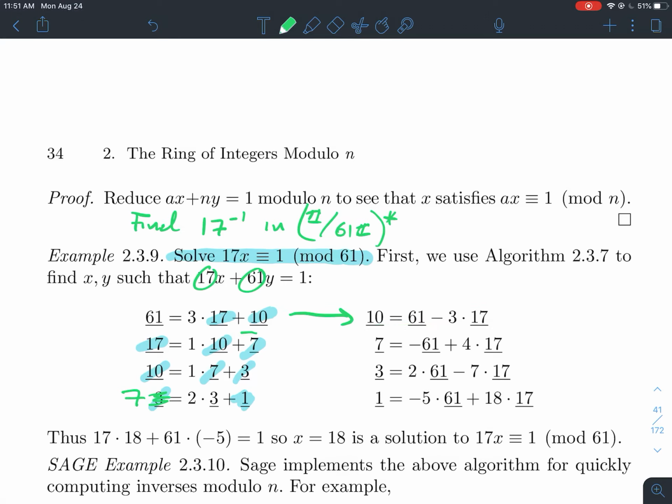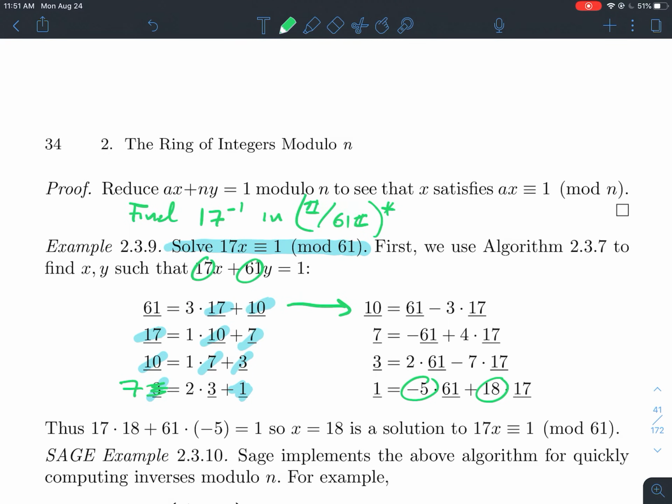So when you solve this for 7, 7 looks like this, and you see you have that 10 there. Well, that 10 is going to be 61 minus 3 times 17. When you go through that arithmetic and regroup like terms, you should recover minus 61 plus 4 times 17. We'll just keep doing that all the way down to the last step, and then you get minus 5 times 61 plus 18 times 17. So your two coefficients are minus 5 and 18.